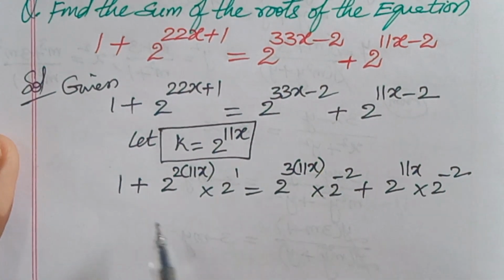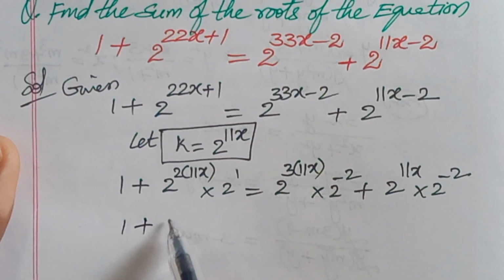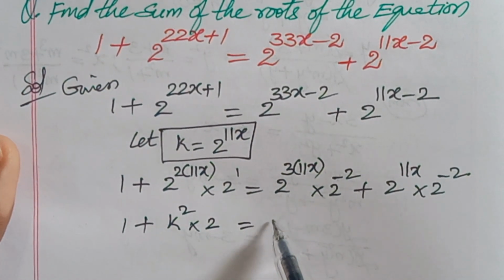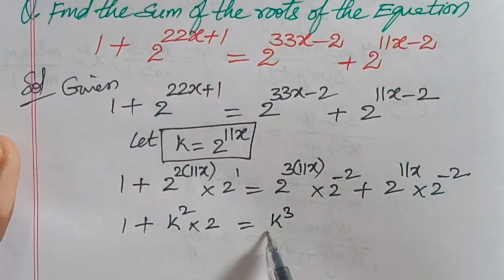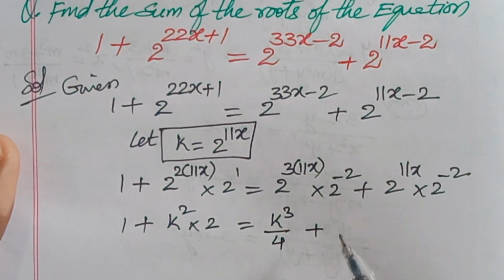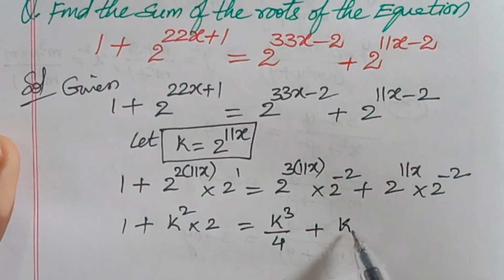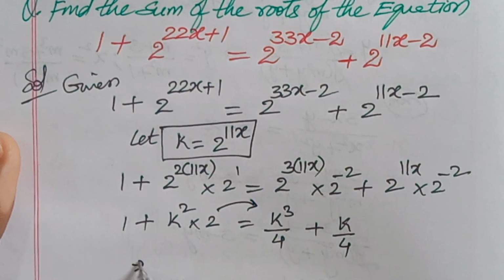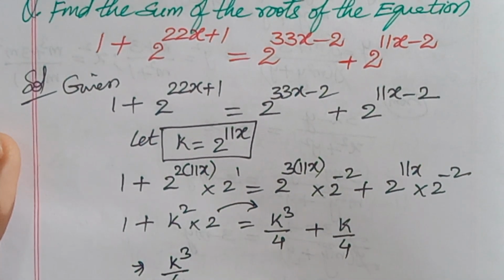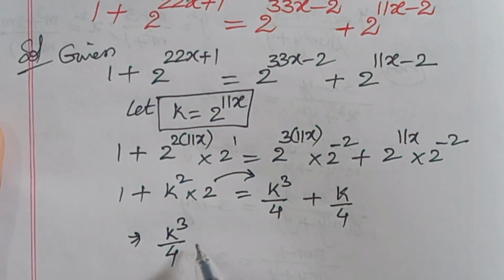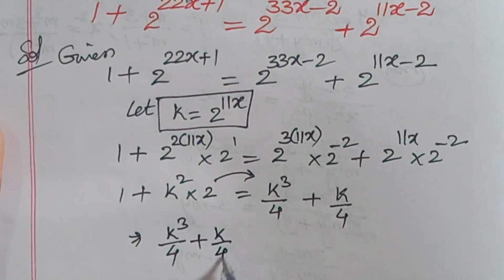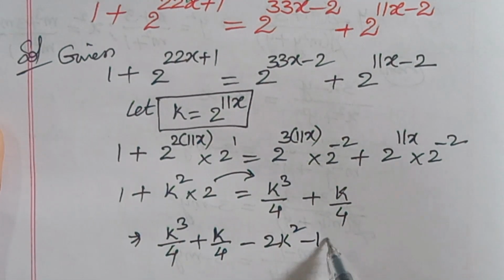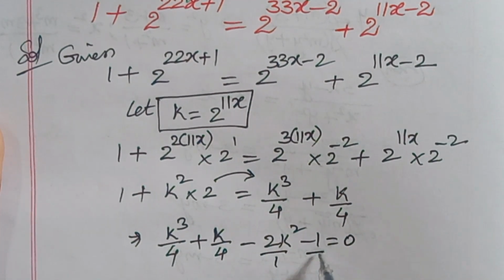So if you substitute 2 power 11x as k, 1 plus k square into 2 is equal to k cube by 4 plus k by 4. Send all the terms to one side. You will get k cube by 4 plus k by 4 minus 2k square minus 1 equal to 0.